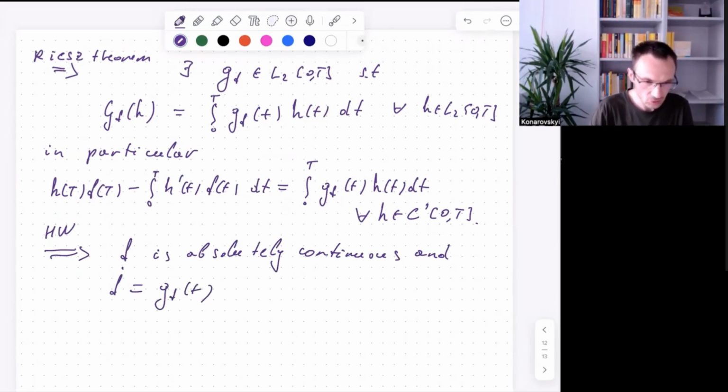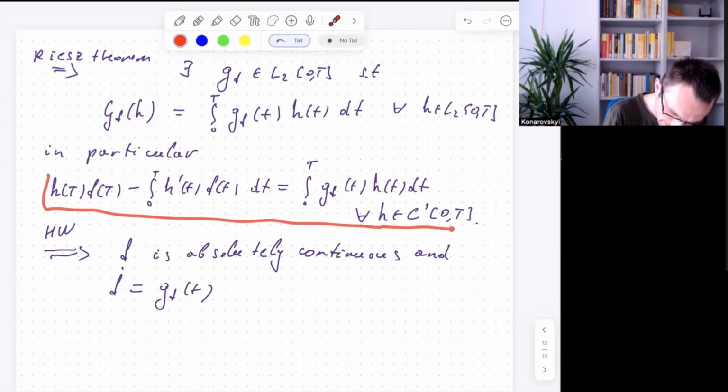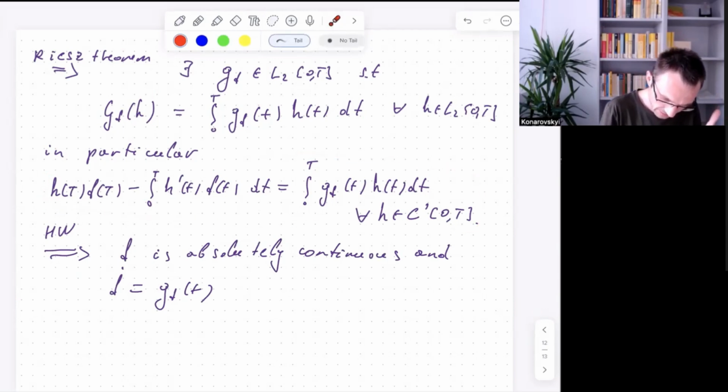It is not complicated to show. You also will get some hint for the solution, and I'm sure that you will be able to figure it out. But now for me it's important that this equality, which we obtained here, implies that the function is absolutely continuous, and we know precisely what the derivative is.